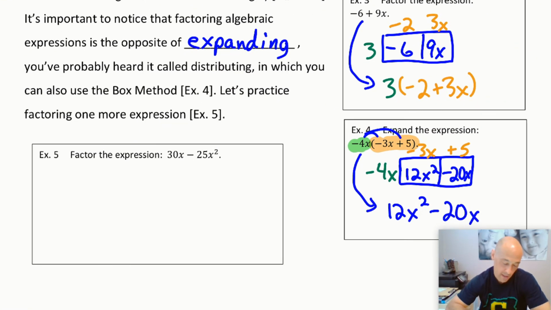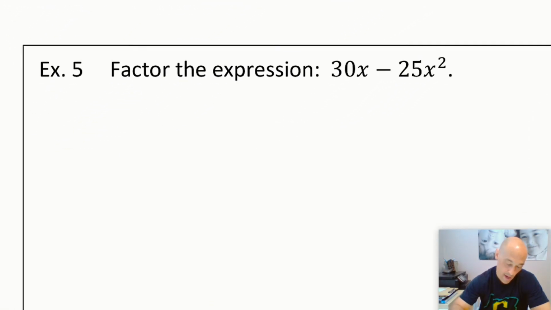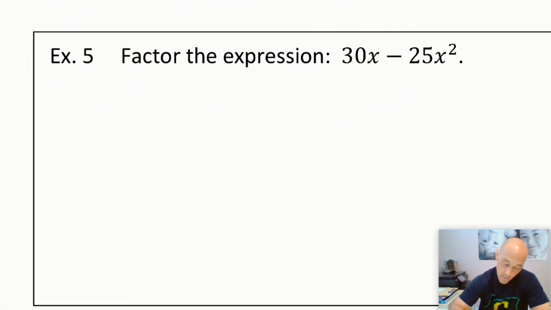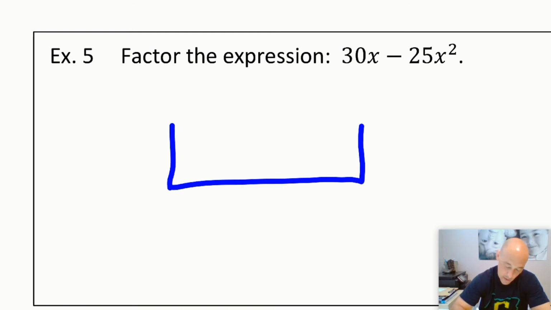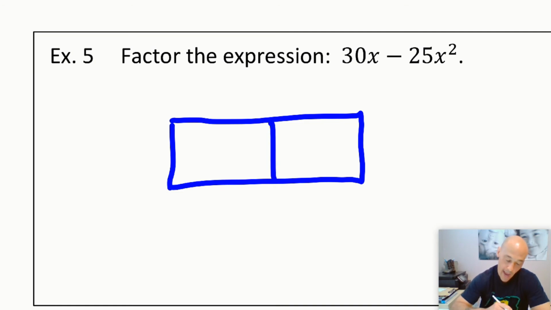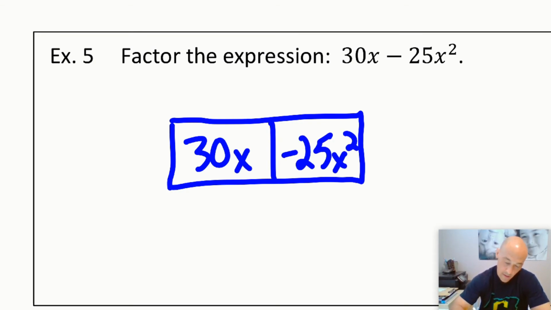All right, let's practice factoring one more expression. Example 5 right here. This one's a little bit tougher. Of course, it's the last one. As usual, we're getting a little bit harder as we go. So when we're factoring, we put the expression inside the box, 30x minus 25x squared.